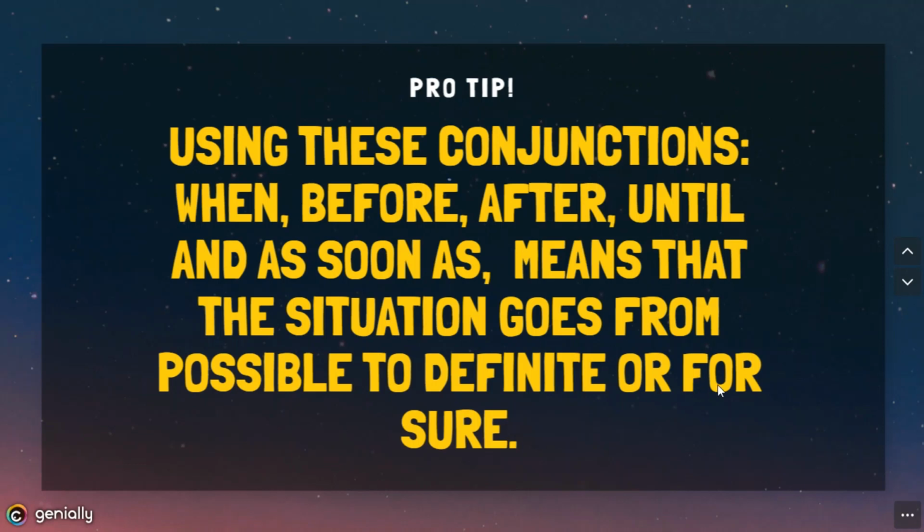Yo tengo esa certeza. For sure. ¿Ok? No es una condición, no es un if. Es cuando, antes, después, hasta que o tan pronto como. Esa situación va a suceder.